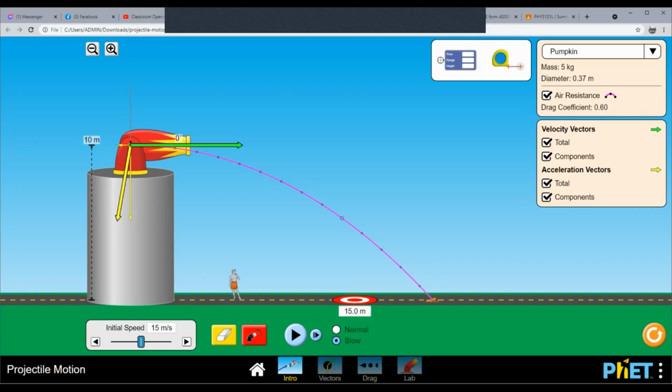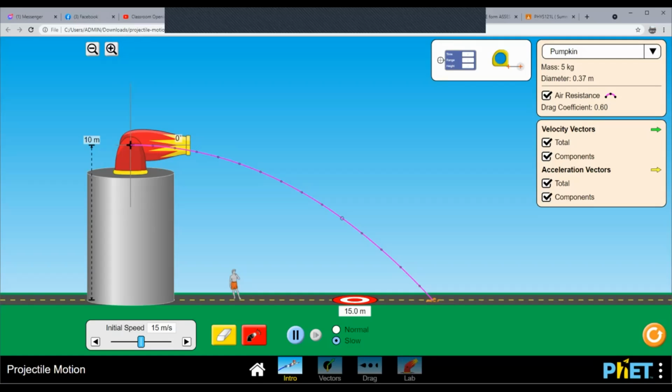You would notice again, let me play this one. Okay. So you would notice the vertical and the horizontal components would have its own direction and location. Habang bumababa siya, papunta dun sa ground, would have its own vertical and horizontal component. Okay? So that is how we create it in the projectile, if we are talking about projectile.